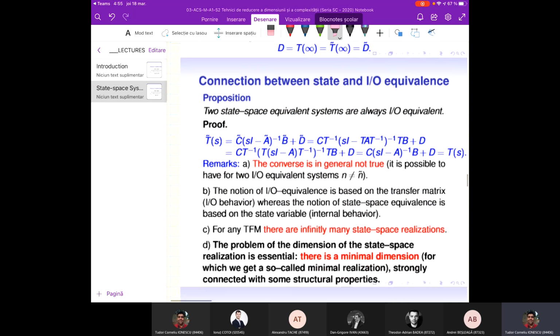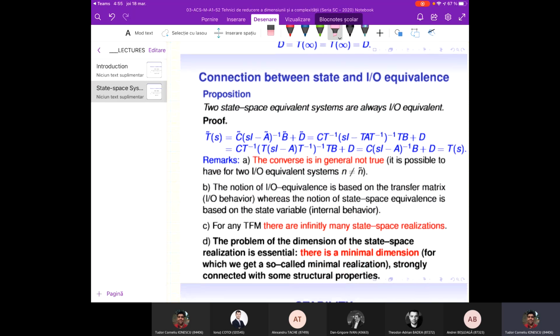Now let's make a connection between state space and input-output equivalence. There is a connection between these two. This proposition says that two state space equivalent systems are always input-output equivalent. We just proved that, and you can see the proof once again in more detail on this slide.